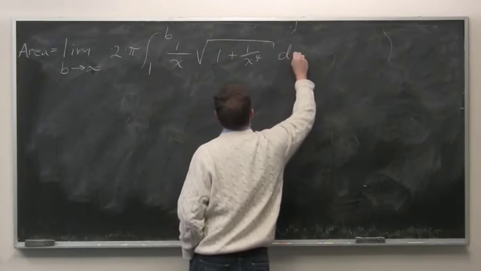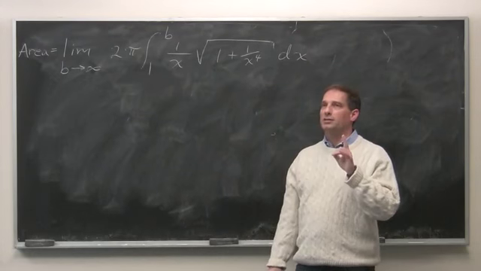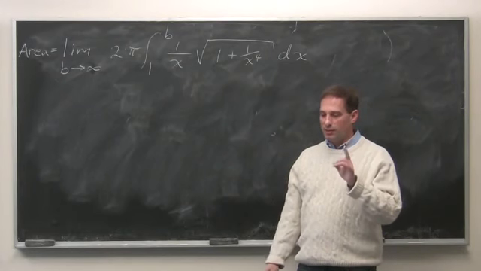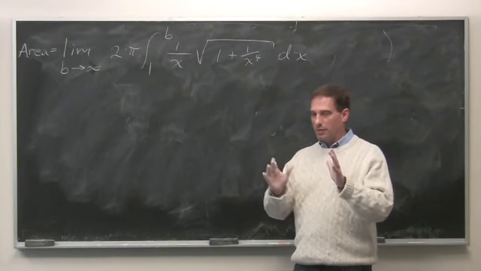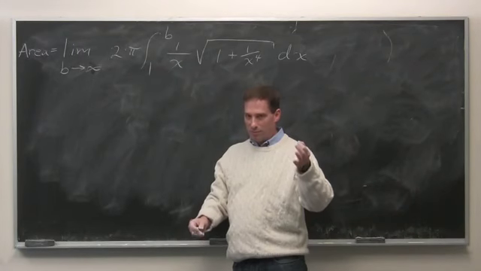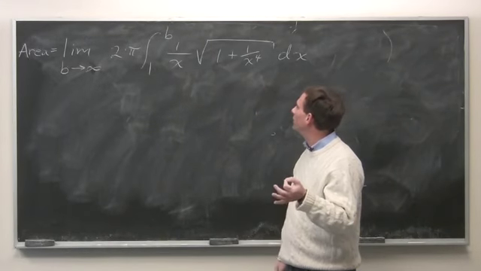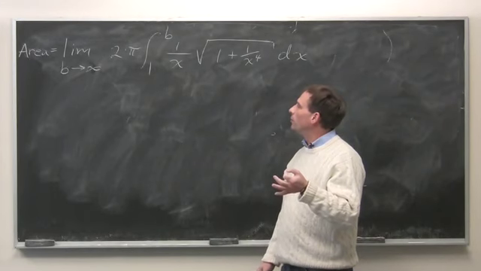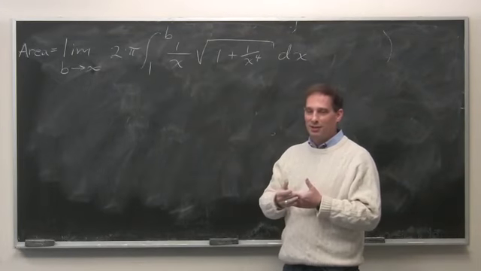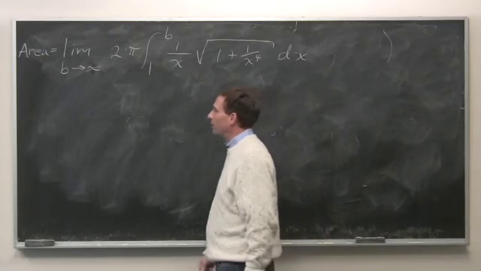But if you remember, integration is monotonic, which means if you integrate over the same interval from 1 to b, functions that are greater than or equal to other functions give you integrals that are greater than or equal to the other integral.